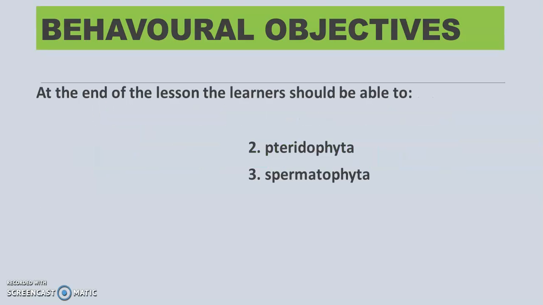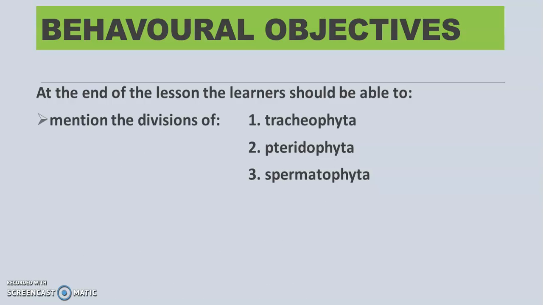Now, the behavioral objective of our discussion is that at the end of this lesson, you should be able to mention the three divisions under Tracheophyta, and then two divisions under Pteridophyta, and then two divisions under Spermatophyta.